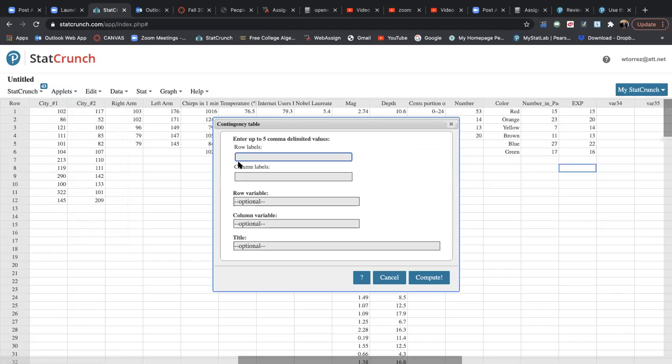Okay, for the first row, we'll type it as W agree. And then in the second row, we'll label it as W disagree.